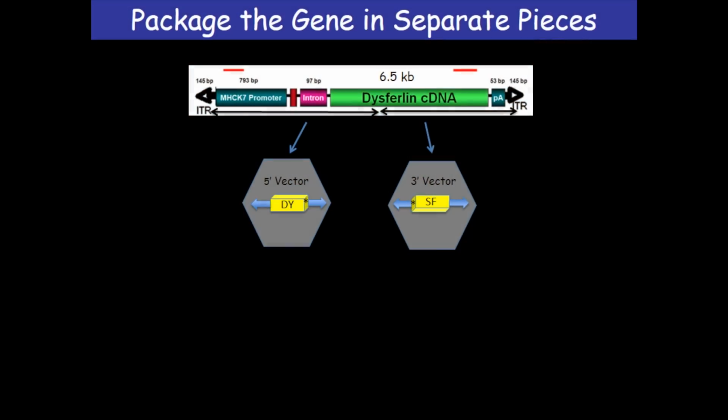And we package this in two different AAVs. One packages the 5' or the initial half of the gene, and the other one packages the 3' or the other half of the gene.